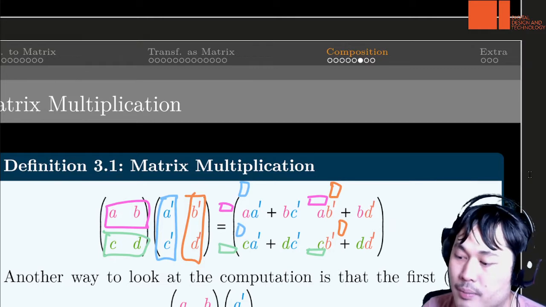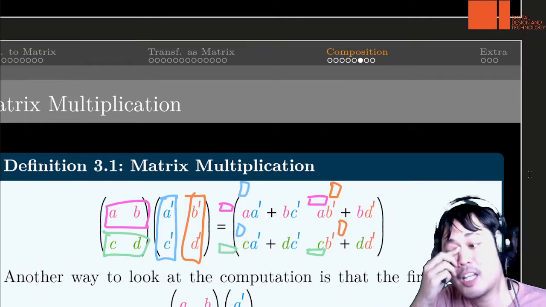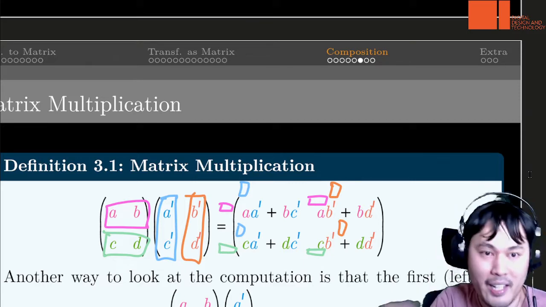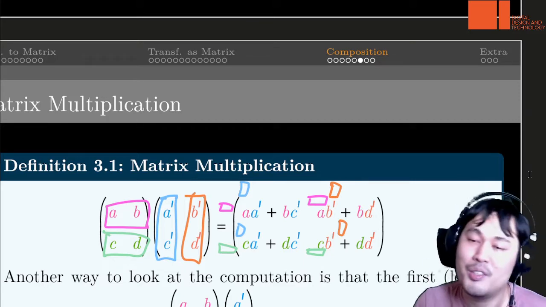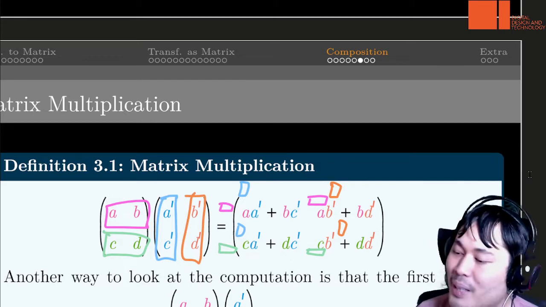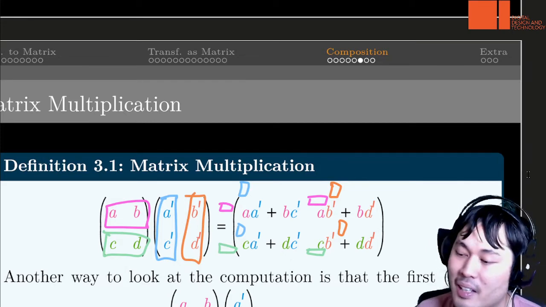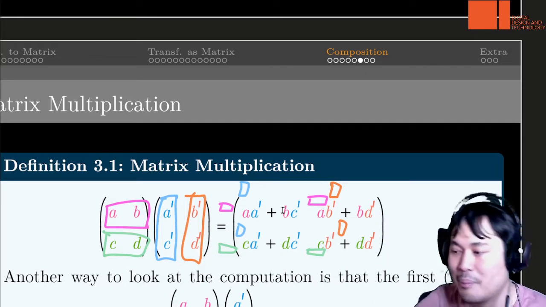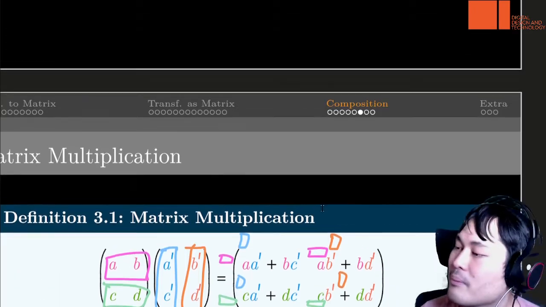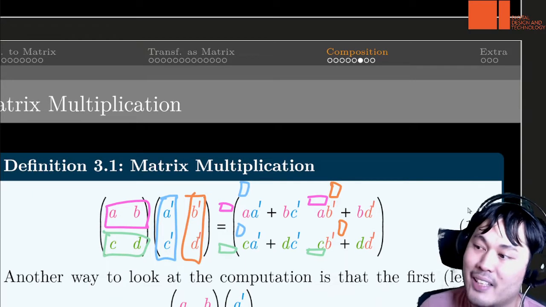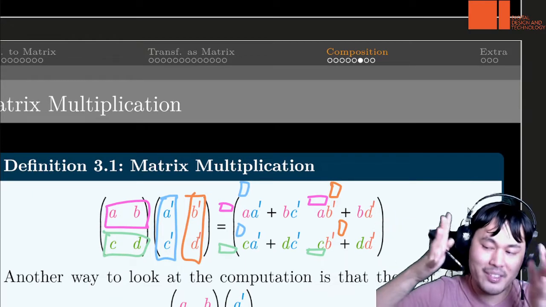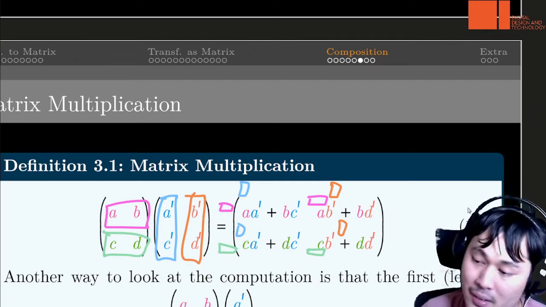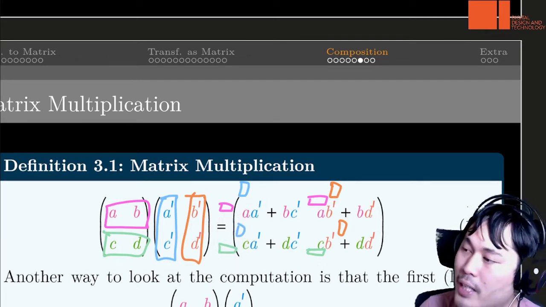So that's the result, which looks confusing at first, and of course it's still confusing even if you do it 5 times, 10 times already, right? But this is the definition. If you want a single formula that you can apply, then here is a formula. But if you want to at least do it step by step, like the way things work and the way it is defined is as follows.